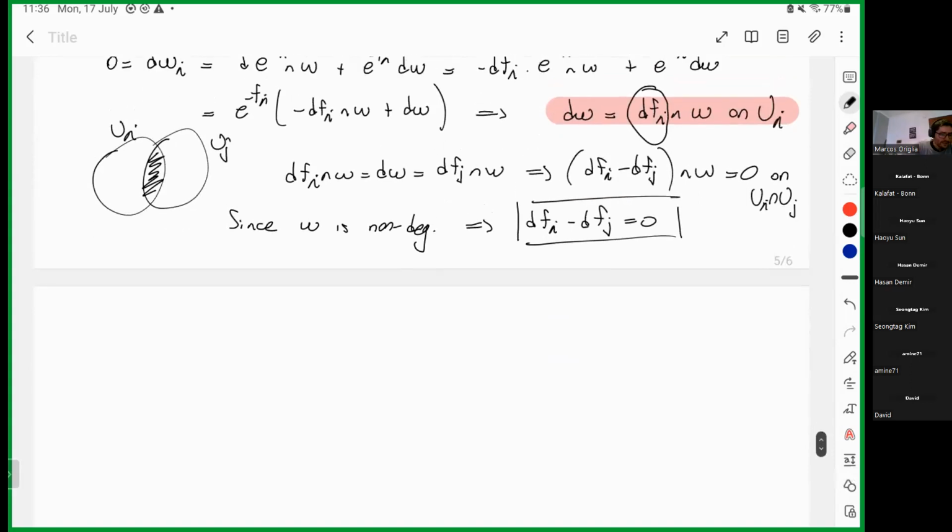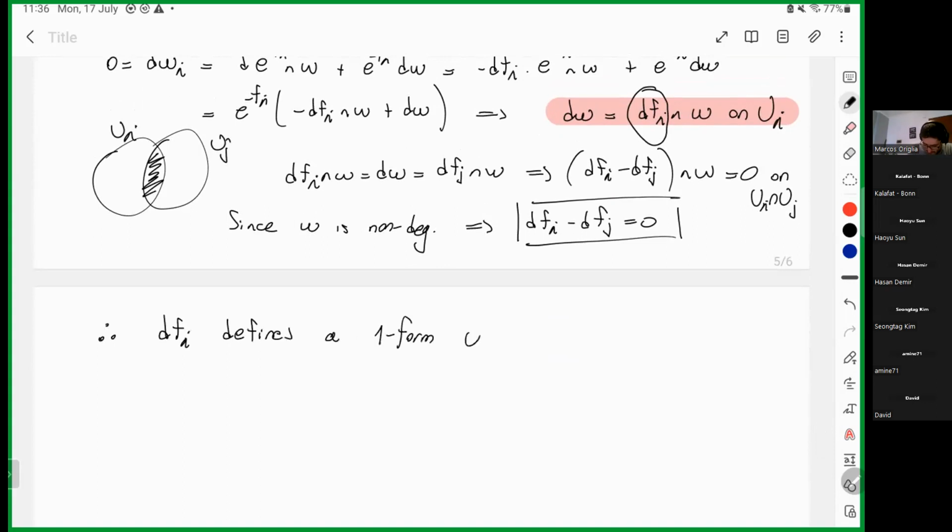So that's a proof that these local dφi define a one form, which we call θ globally. So it's well defined, and on each Ui, this θ is dφi.